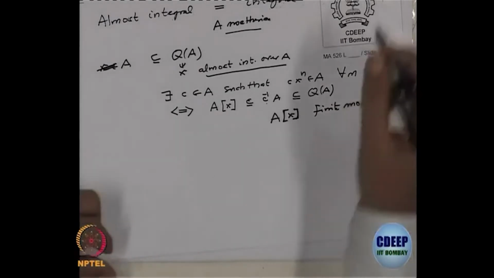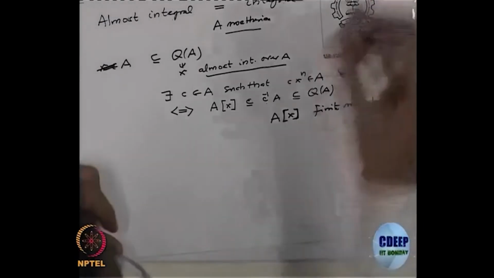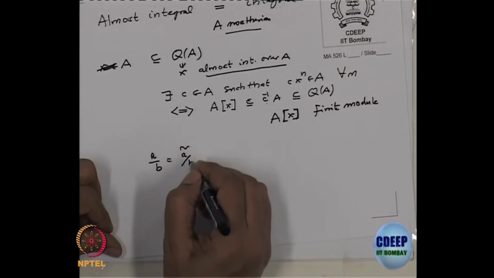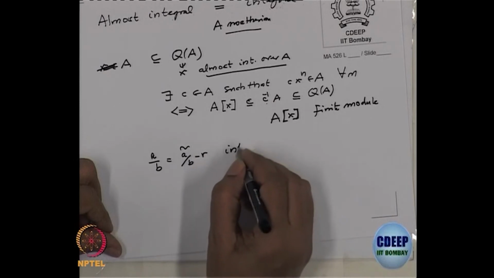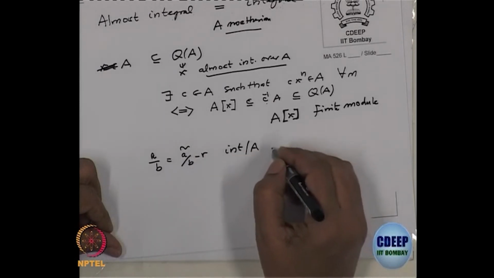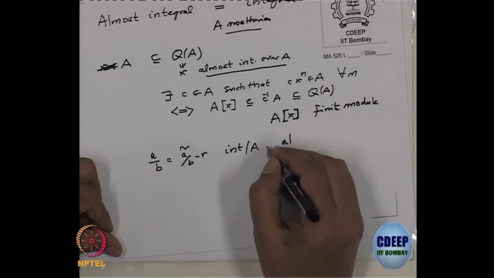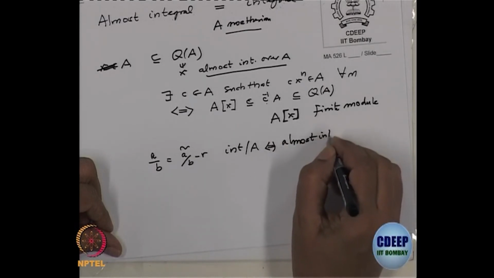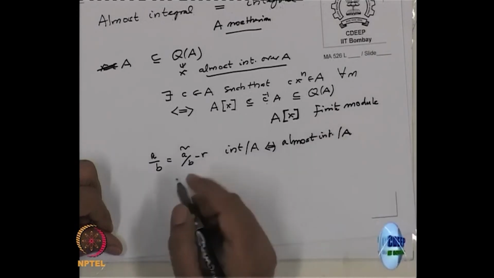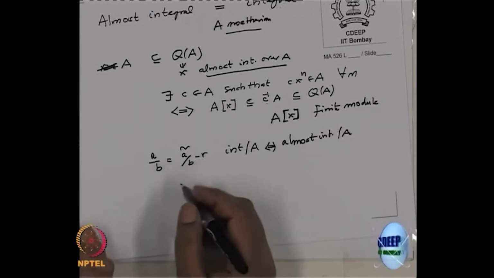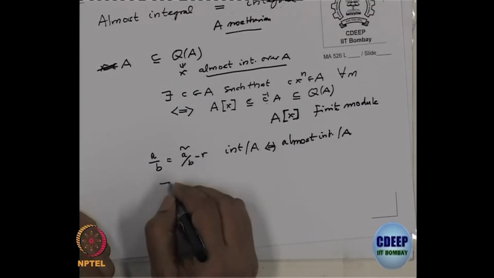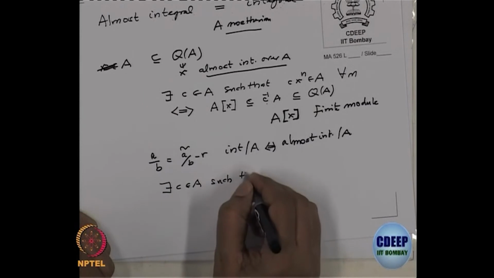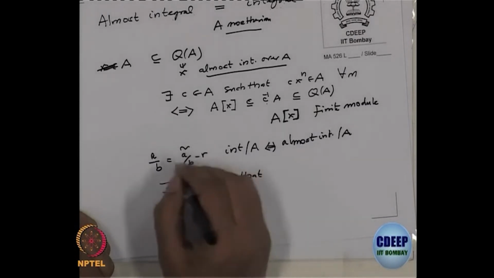So now, because we have concluded that this a by b, which is a tilde by b minus r, is integral over A, in particular it is almost integral over A. But that will mean that there exists c in A such that, this is my element x, right?